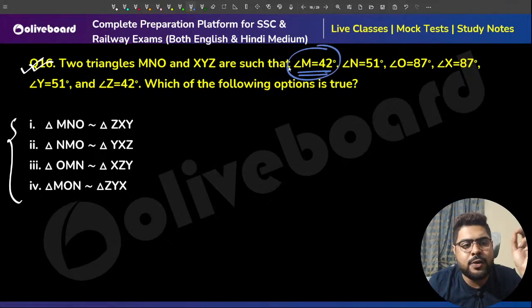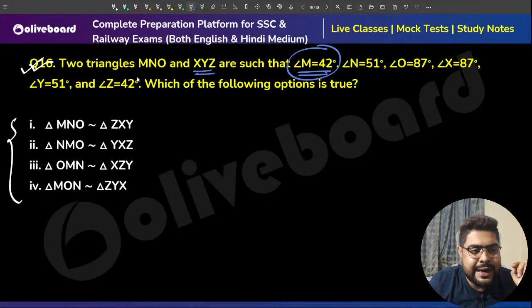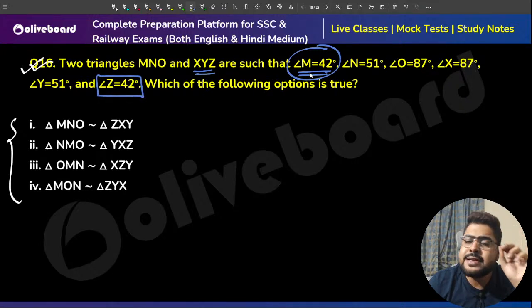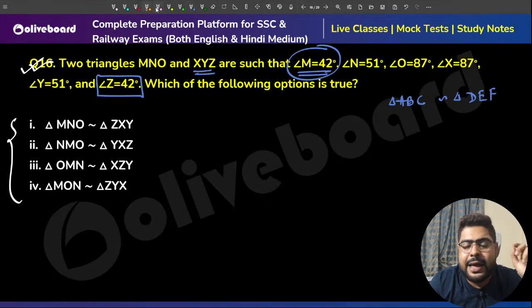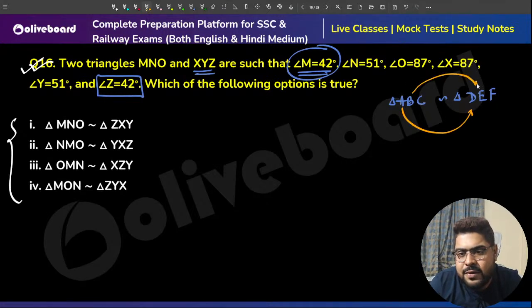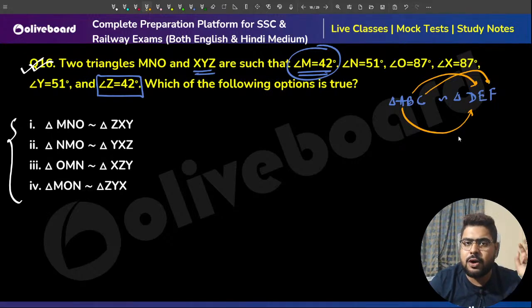In triangle XYZ, which angle is Z? First, always remember, if I write triangle ABC is similar to triangle DEF, I can only write it if angle A is equal to D, angle B is equal to E, angle C is equal to F. That is the only rule or condition.